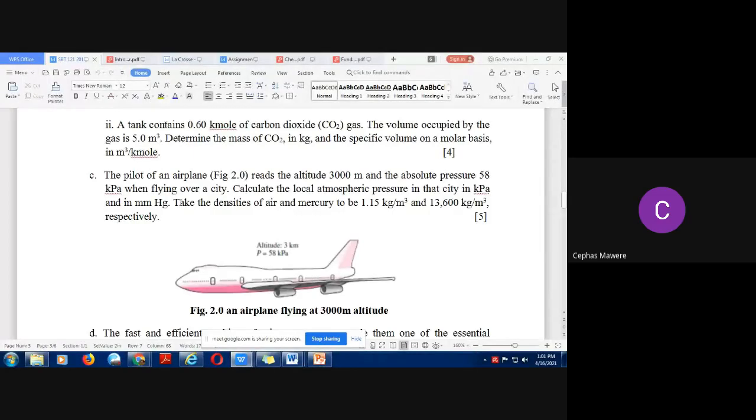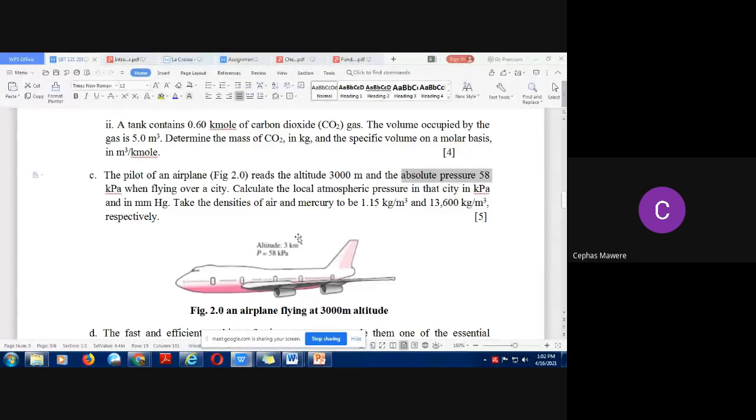So already you are given the densities. You are also given the height, 3,000 meters here. You are also given the absolute pressure. What you are required to calculate is the local atmospheric pressure.